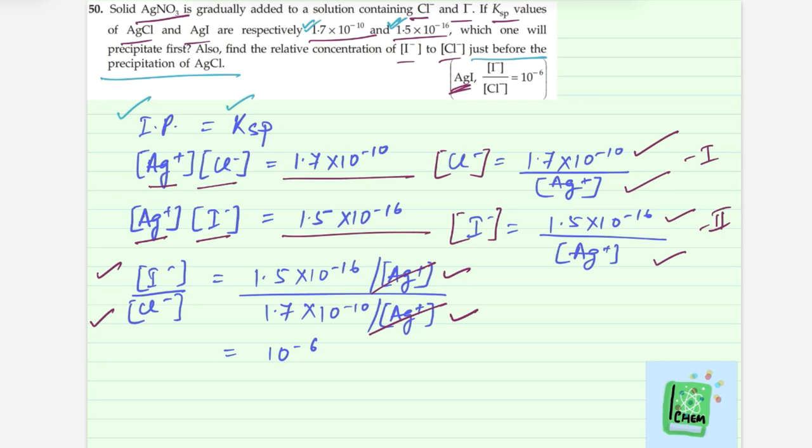The relative concentration of iodide ion to chloride ion is approximately equal to 10 to the power minus 6. Solving 1.5 into 10 to the power minus 16 divided by 1.7 into 10 to the power minus 10, answer is approximately 10 to the power minus 6.